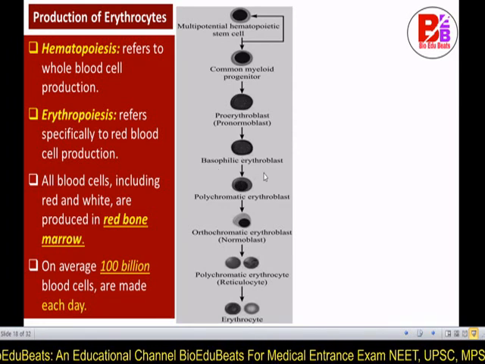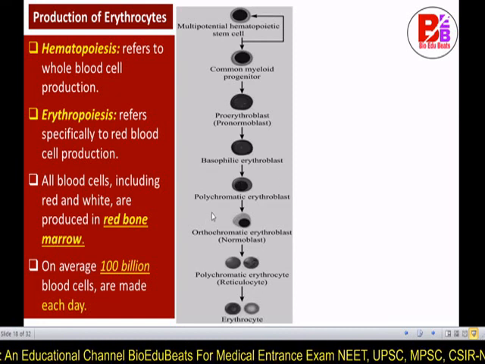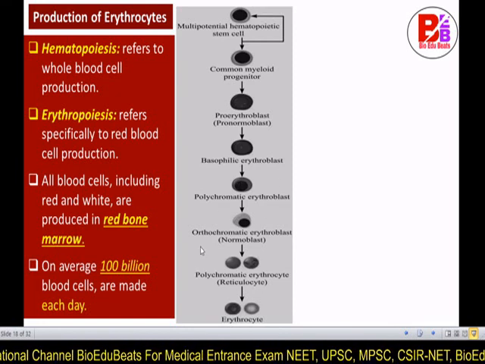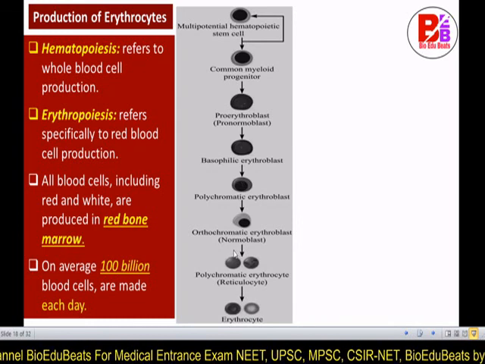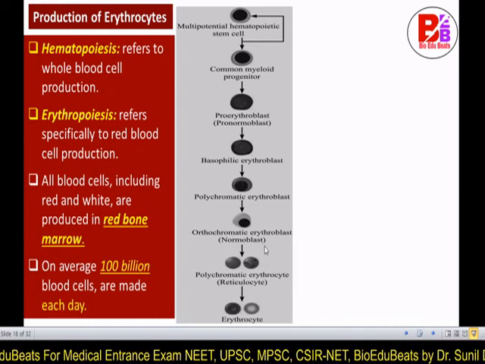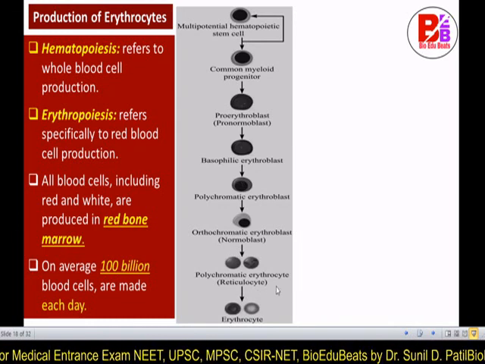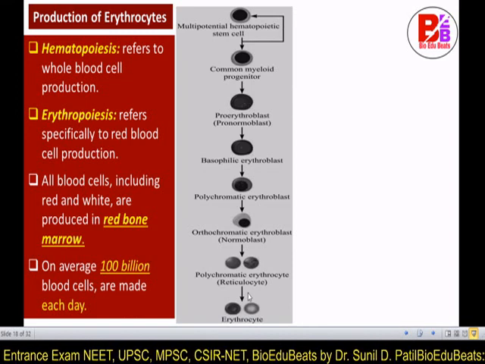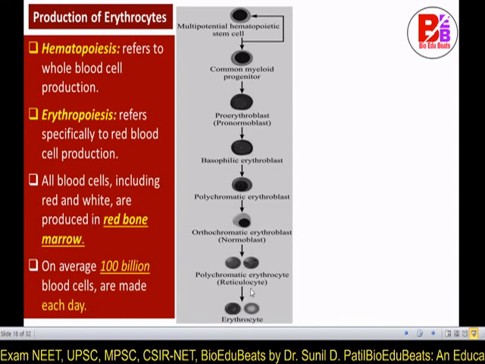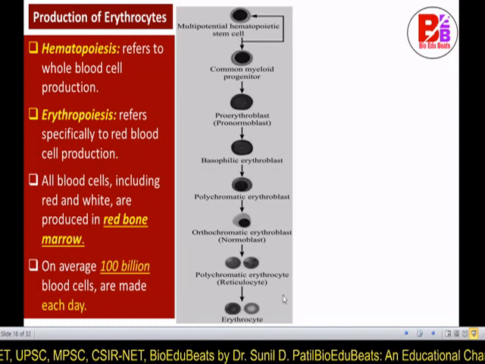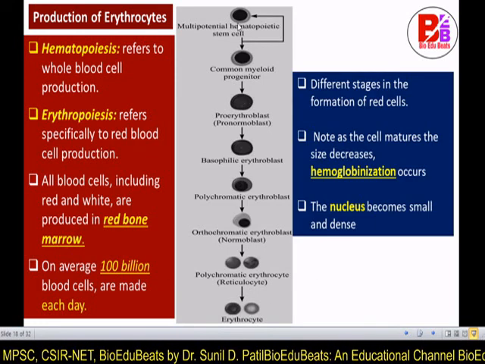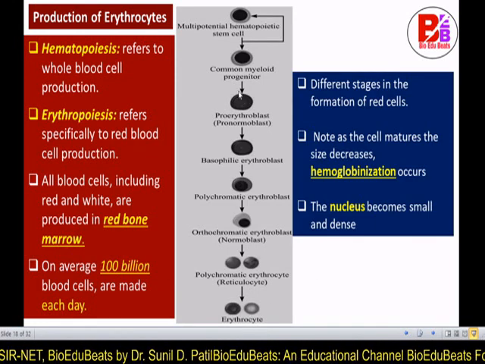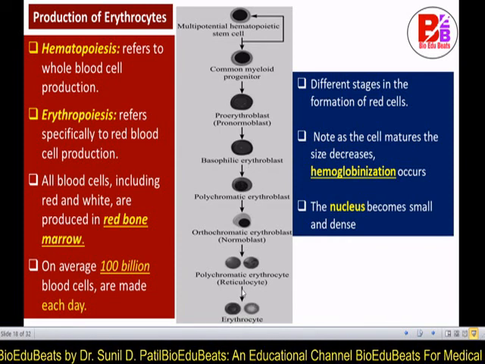The basophilic erythroblast is formed, then polychromatic erythroblast, then orthochromatic erythroblast, commonly called the normoblast. Then the reticulocyte. Normoblast, then reticulocyte, transforms into the erythrocyte. The erythrocyte decreases in size, you can see, and the nucleus disappears when the erythrocyte is formed.